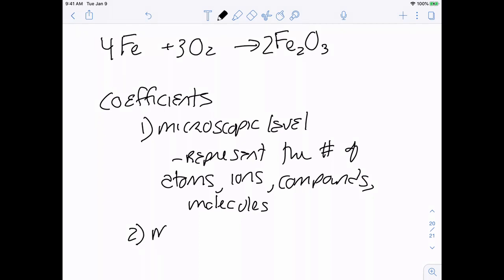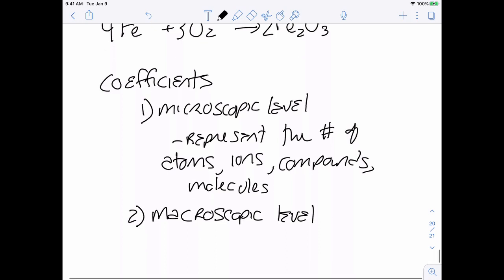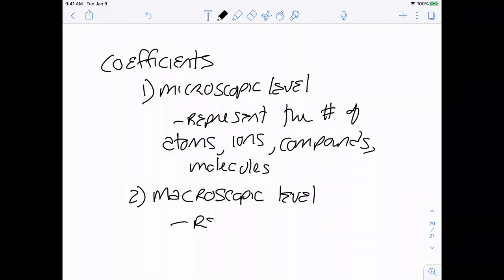On a macroscopic level though, something that we can go into lab and actually deal with, so something much larger, we can say that those coefficients represent the number of moles. Remember, moles were our SI unit for the amount of a substance.